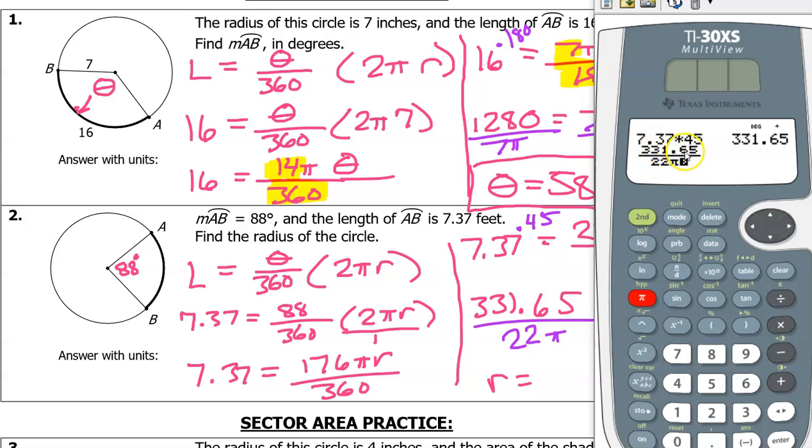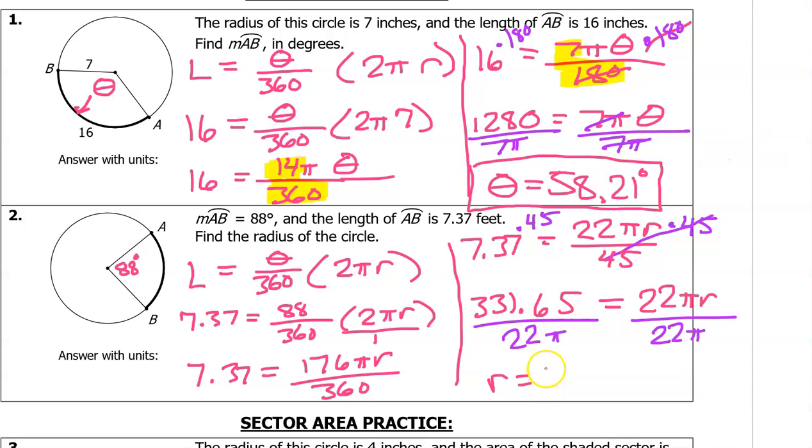So 331.65 divided by 22 pi is 4 point, well, I got to round this up, so 4.80. And let's keep the units. The length is in feet. So this is the radius in feet.